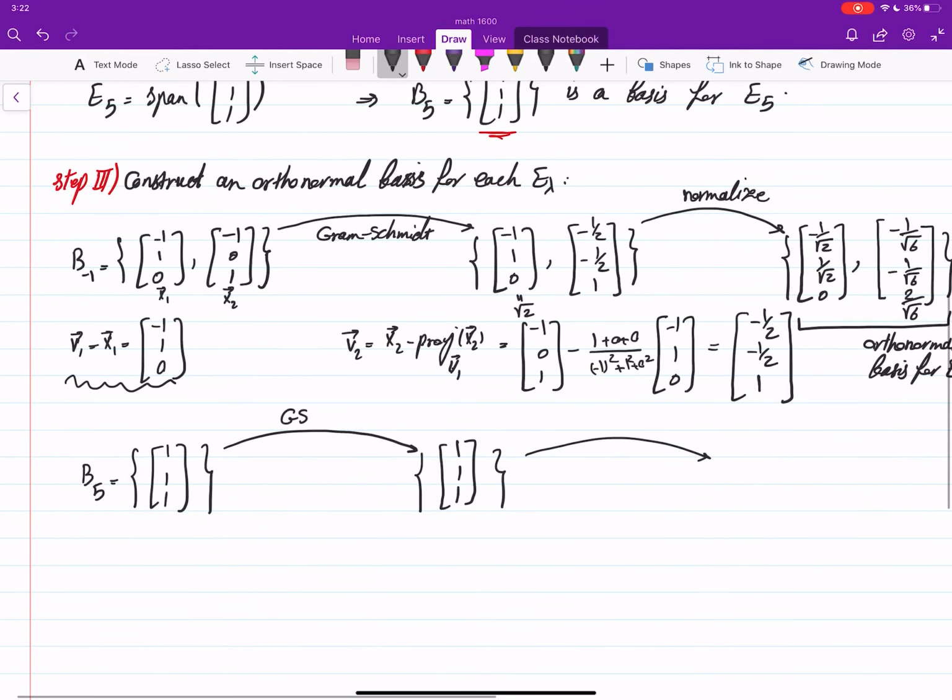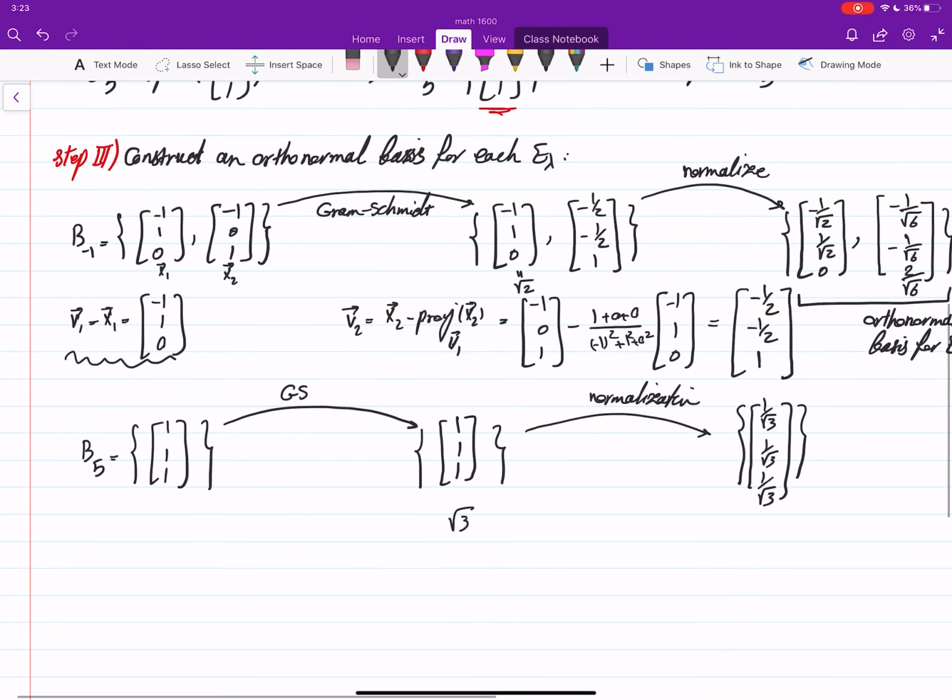But in the normalization, you have to multiply the vector by 1 over its length. The length of this vector is root 3, so we'll have 1 over root 3, 1 over root 3, 1 over root 3.